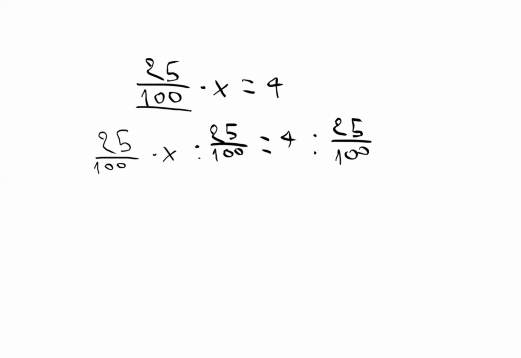Because we have to do the same thing on both sides of the equation. Here, this multiplication and this division cancel each other out. So that basically leaves us with x on its own. So x is equal to 4 divided by 25/100.